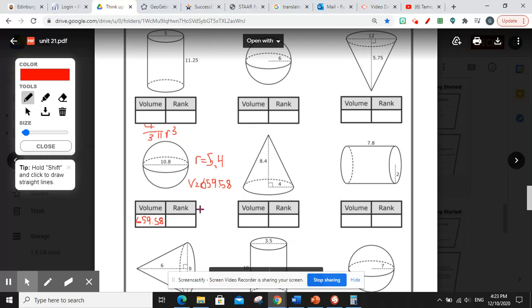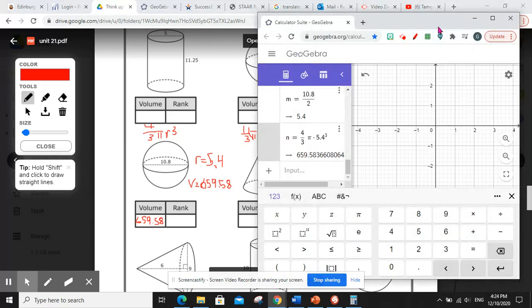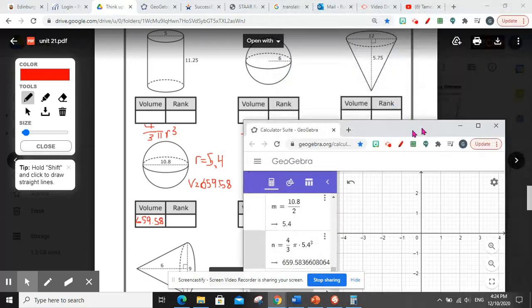And then I'm going to go to my next one. I have a cone. So for the cone, remember that the formula is 1/3 pi r squared times the height. So I need to figure out radius and height. Well, it is giving me my radius, which is 4, and it's giving me my height of 8.4. Get my calculator out, and let's go ahead and follow it via this.